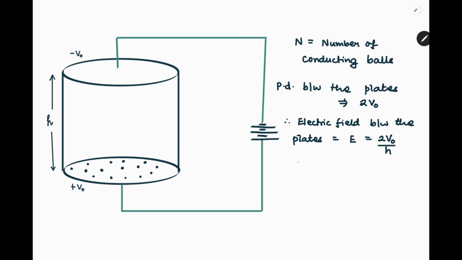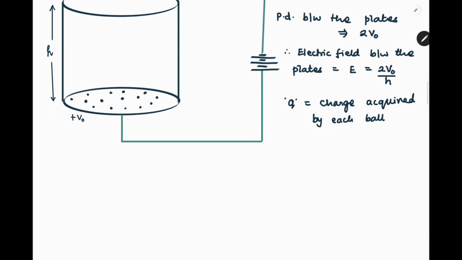Now if we say that each spherical ball acquires a charge q, the first thing is that since the balls become equipotential with the plate, V0 must be equal to kq by r, and as there is no interaction between the balls, from here we can calculate the charge q on each ball as V0 r by k.